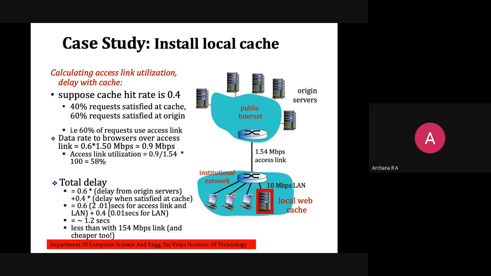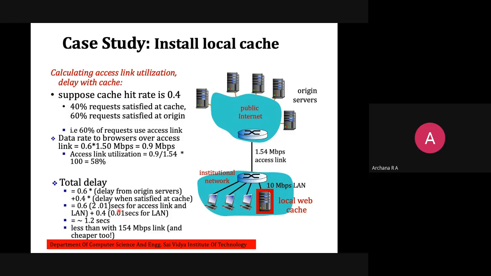So that is 0.01 plus the internet delay of 2 seconds. Converting 10 milliseconds to seconds gives 0.01 second. So 2 for the internet delay and 0.01 for the LAN delay, together 2.01. So 0.6 times 2.01 plus 0.4 times 0.01 seconds.